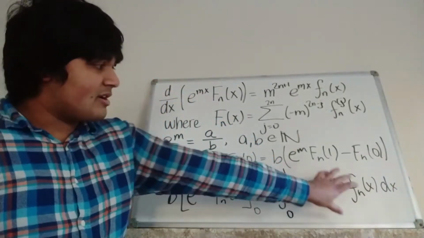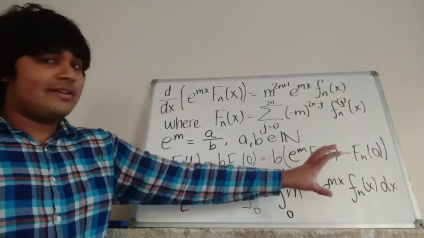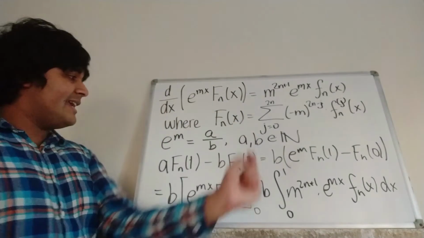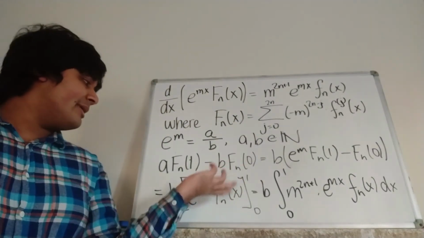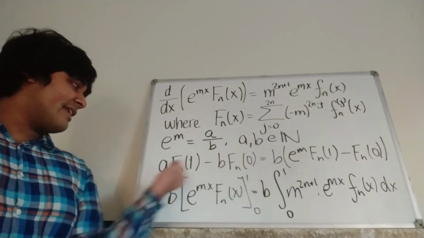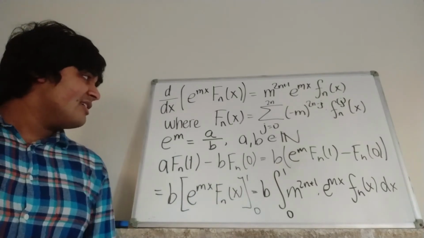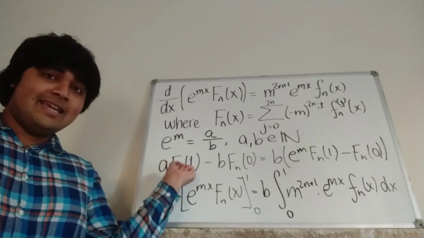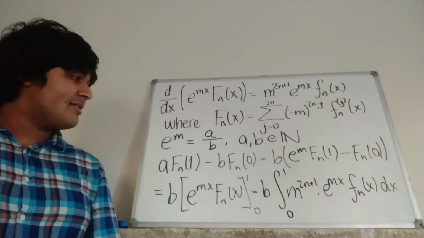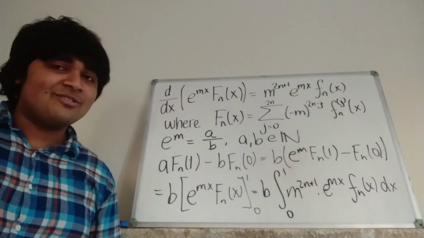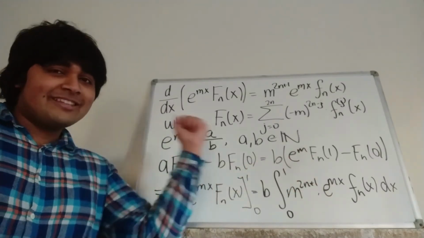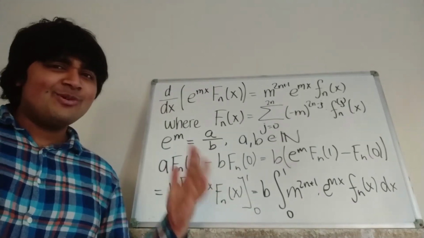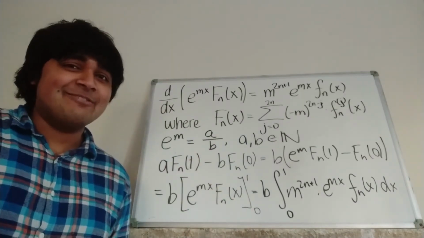Okay, because obviously if we start from this line and we want to integrate it, well, we can find its antiderivative, which we know is this guy here, then plug in the top limit and the lower limit and that gives us this thing here, and I'm just bringing the b across to here. Okay, so we've shown that this quantity here, a Fn of 1 minus b Fn of 0, is b times this integral here. Let me clean up the whiteboard, bring this to the top, and we'll continue, and we're almost done in showing that e to the m is irrational.